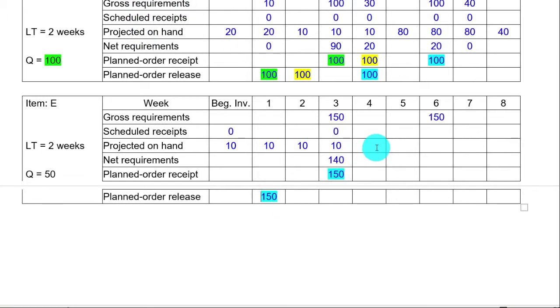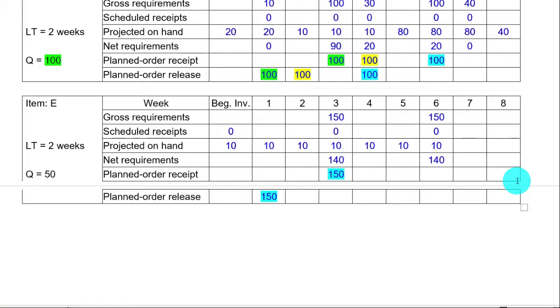Now next, week 4, 150 arrive in week 3. You use 140. On hand is 10. It's carried over to weeks 4, 5, 6. Week 6, 150 minus 0 on order minus 10 on hand, you have 140 net requirements.